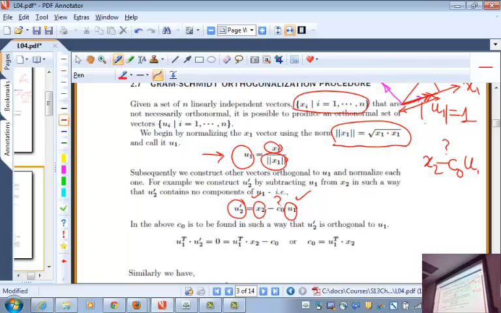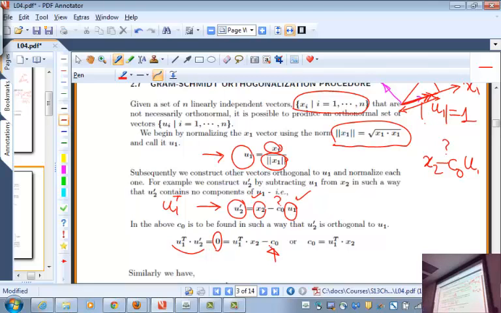And how do I determine that c0? Well, I can take the dot product of this equation with respect to u1 transpose. So that's what I'm showing: u1 transpose multiplied by u2 prime. What is that? That's going to be 0, because we know that they're going to be perpendicular. Another way of looking at it is, I must make that equal to 0 and then find what c0 is.